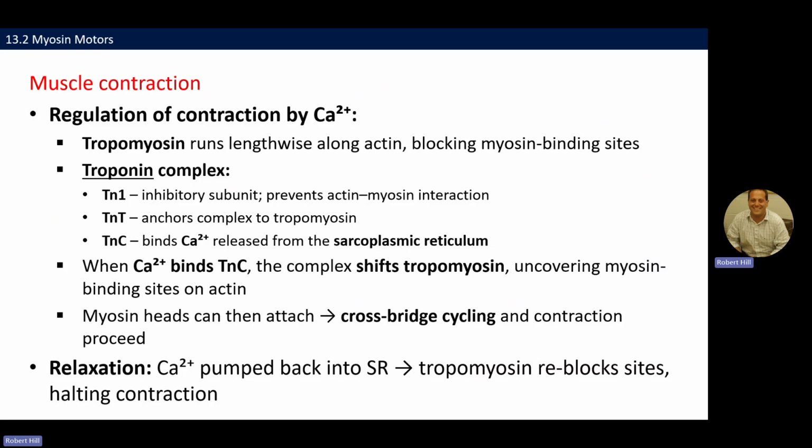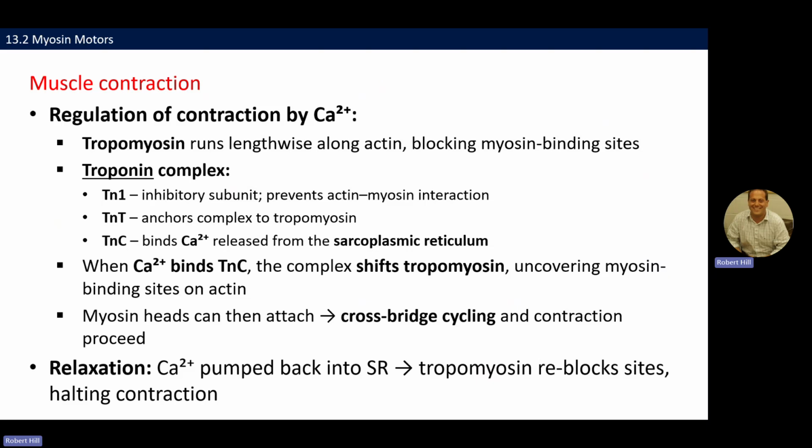All right, so there's an additional protein complex that can interact with tropomyosin called the troponin complex. The troponin complex is composed of troponin I, troponin C, and troponin T. Right, so these three proteins, which make up the troponin complex, control the blockade of tropomyosin blocking the attachment of the myosin 2 head to actin.